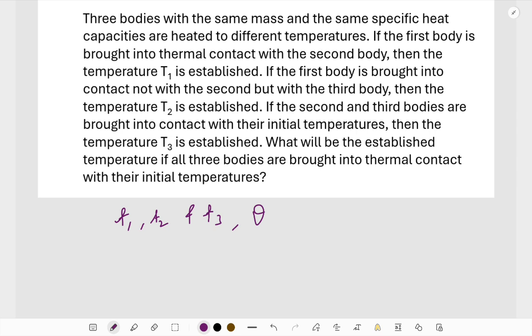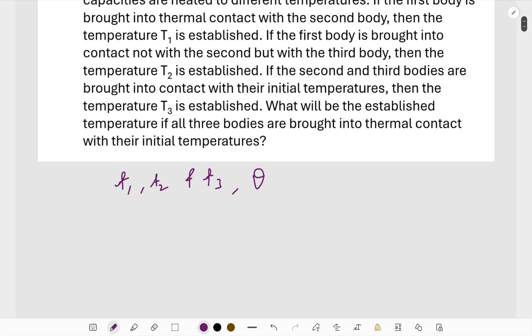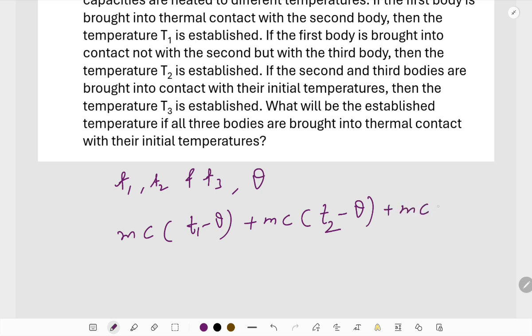simultaneously. So the heat balance equation for the case when all three bodies are brought into contact has the form: mc(T1 minus theta) for the first body, plus mc(T2 minus theta) for the second body, and mc(T3 minus theta) for the third body, and this all will be equal to 0.